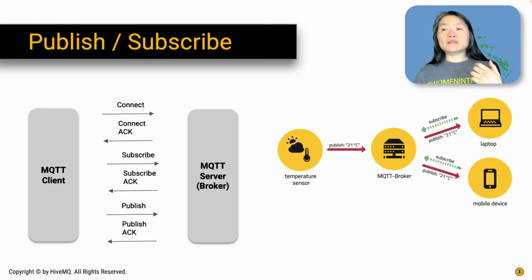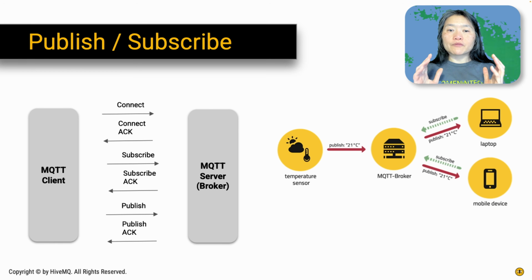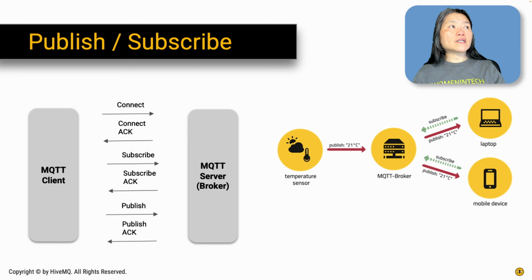Anything else, if you are publishing or subscribing, you are considered a client, an MQTT client. So with the MQTT broker, there are essentially 3 basic commands that need to happen for any type of MQTT communication to occur. First is the command called connect. You need to make a connection first from the client to the broker, and the broker needs to send back an acknowledgement to indicate it received the packet.